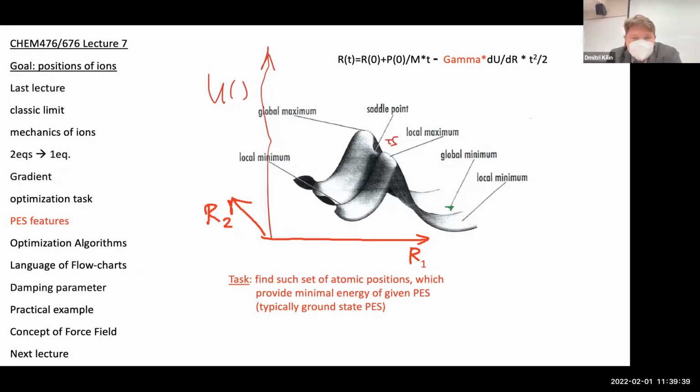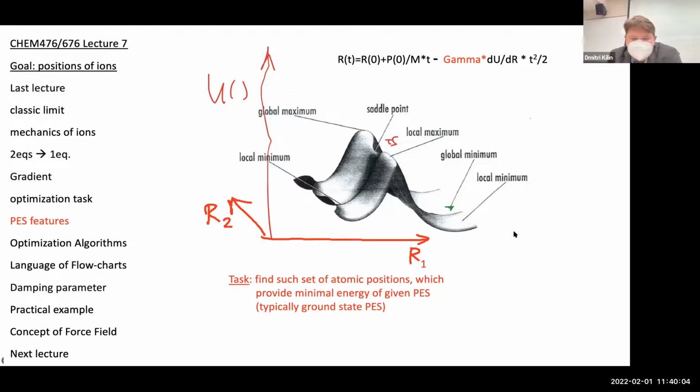So potential energy surface may have global minimum, local minima, transition states, and the goal of optimization is to find global minimum. As a little comment, if the system falls down into a local minimum, one needs to either heat and do simulated annealing or to practice Monte Carlo. But it's a little away from our course.